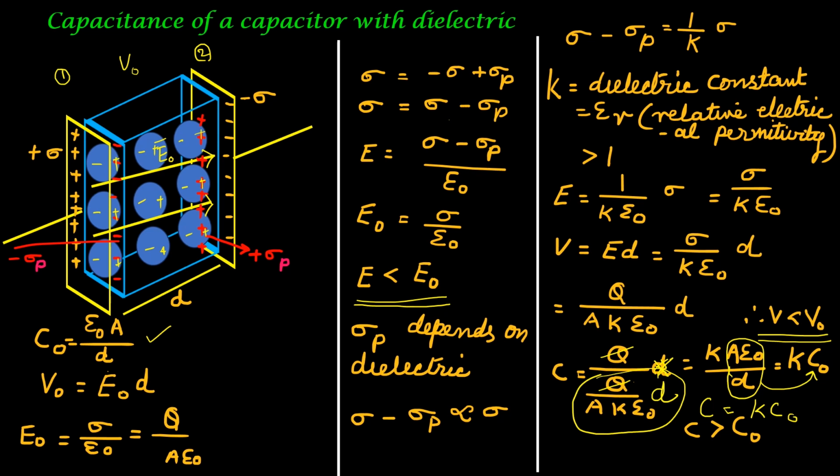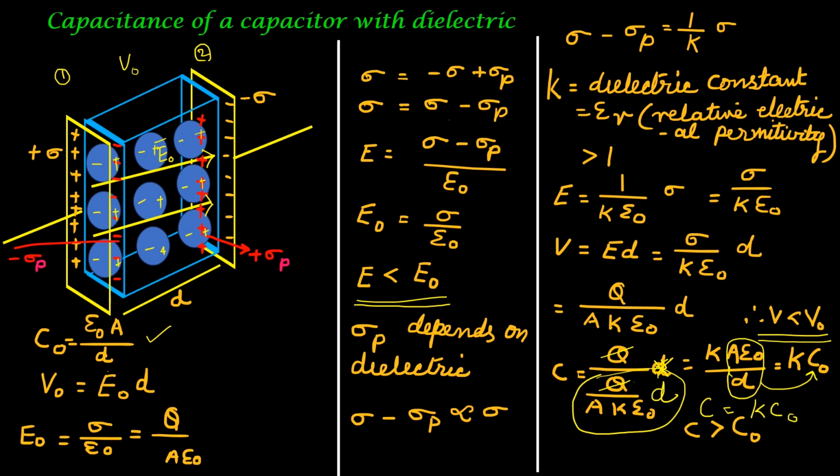From the formula C is equal to K C naught, we can define K. K is the ratio of the capacitance of a capacitor with dielectric medium to the capacitance of the same capacitor without dielectric medium. That is, C upon C naught is equal to K.